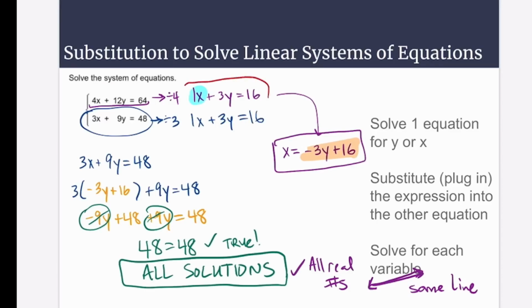So if you have your number sense and you can identify and immediately start to manipulate, you can see very quickly that these are the same. And if they're the same equations, they're the same lines, you're going to have all solutions. So just be strategic when you're doing the work. Try to work smarter, not harder.